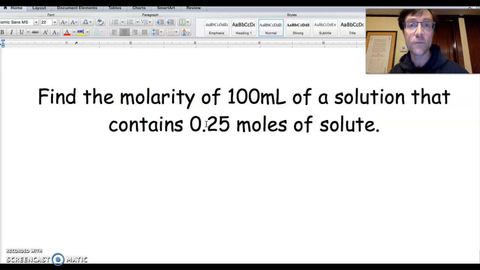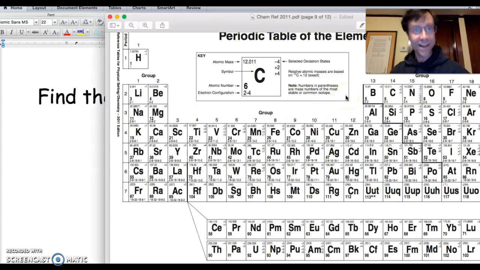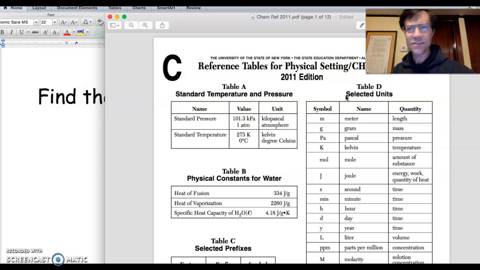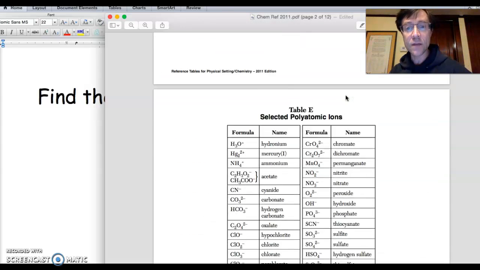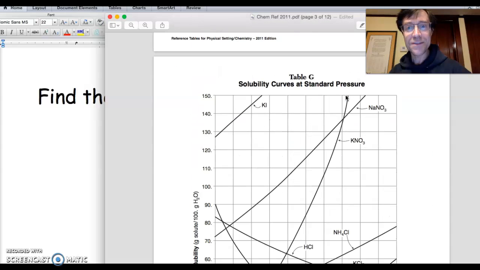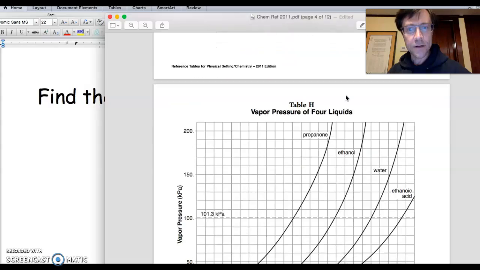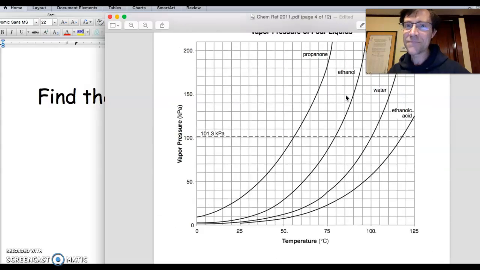Okay, remember I told you before that it's all in your reference chart? Watch this magic. I'm going to come over here. Oh, look at that. This is your handy dandy reference table. I just Googled New York State chemistry reference tables and that popped right up. So way down here, look at table G. We're coming on down. You gotta love April pressure.